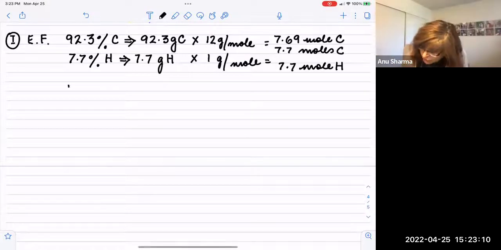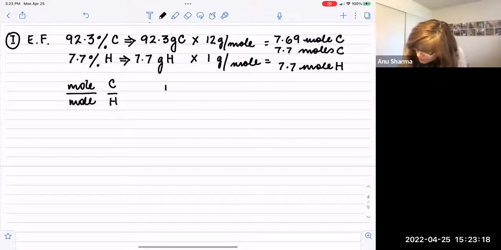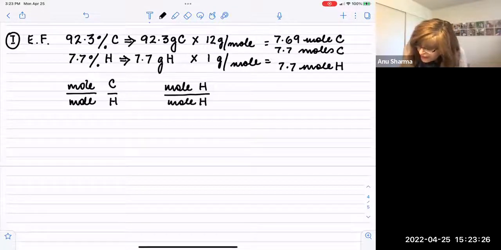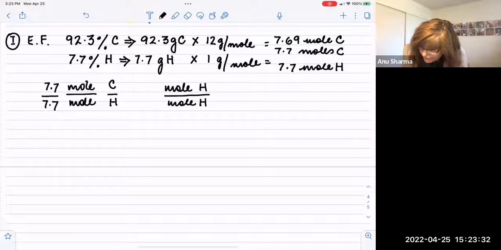So here's the mole to mole ratio of carbon to hydrogen. Here we have 7.7 moles of carbon over 7.7 moles of hydrogen.